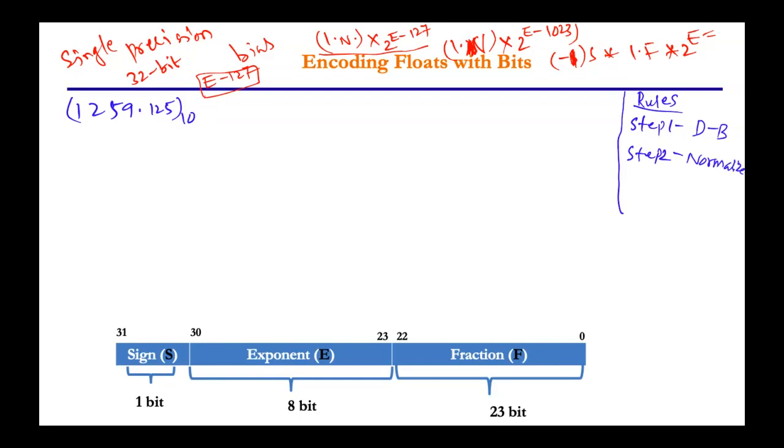Normalizing means take the binary number so that only one digit is on the left side of the dot. And then in step 3, we write this in the IEEE 754 format of floating point encoding.